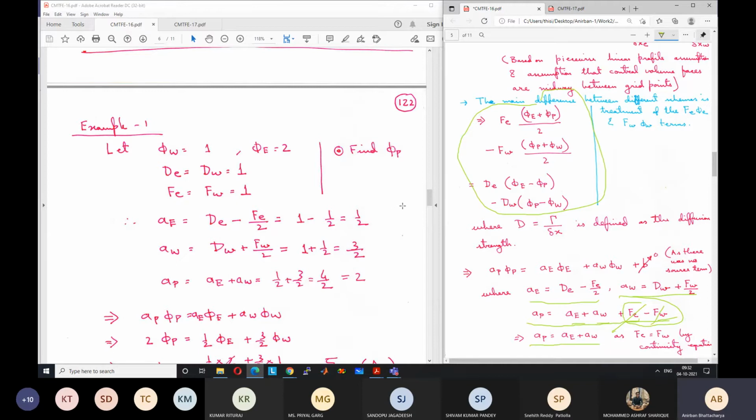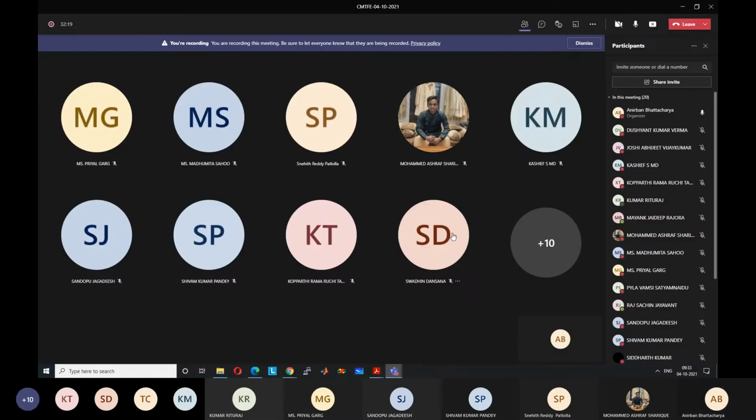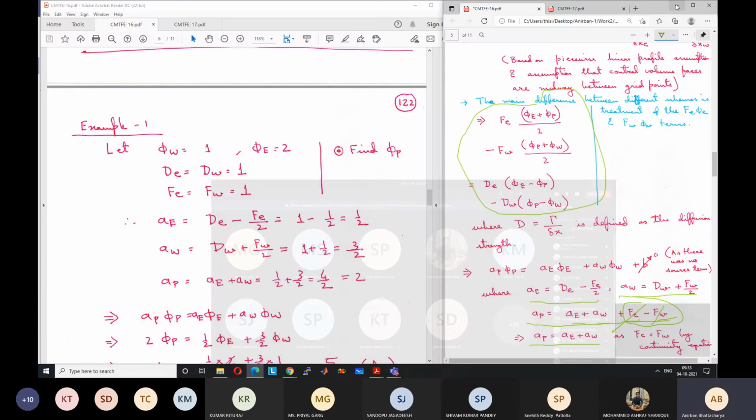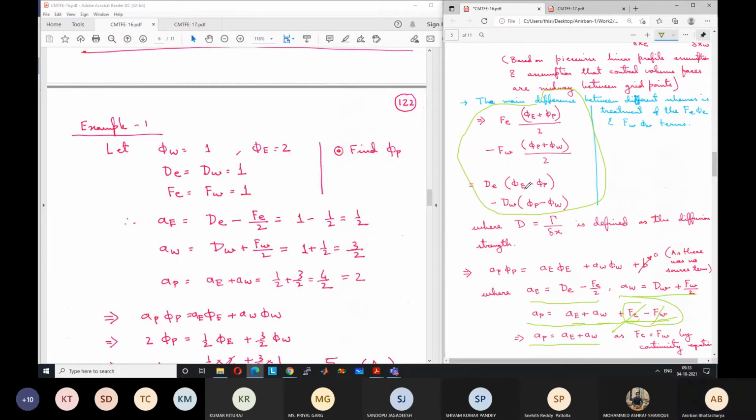Unless otherwise mentioned, accordingly, we are also following the standard convention.